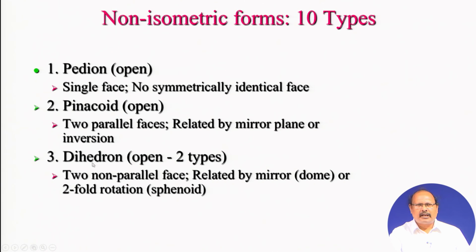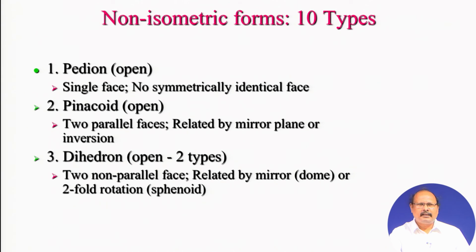And you have dihedron, an open form, which can be subdivided into 2 types. Essentially, dihedron represents 2 non-parallel faces, and they are related by a mirror. When they are related by a mirror, we call it a dome. When they are related by a twofold axis of rotation or dyad, we call it a sphenoid.